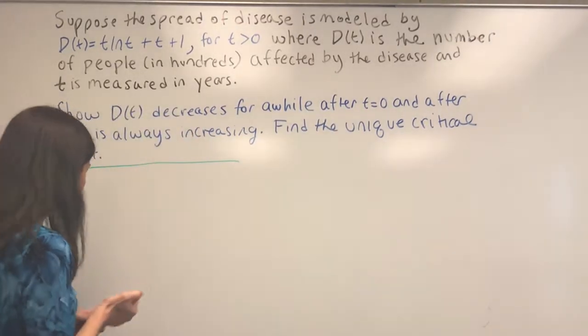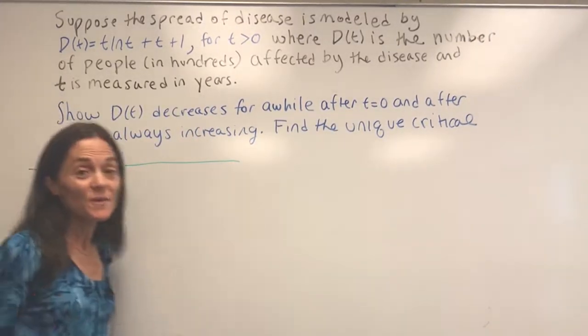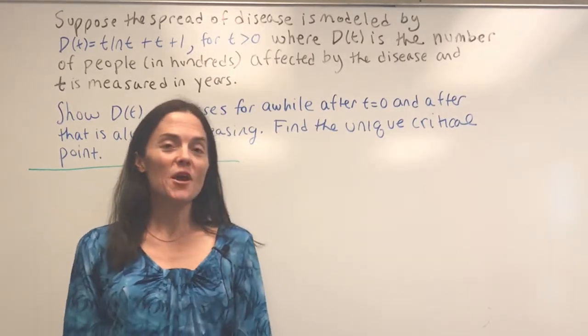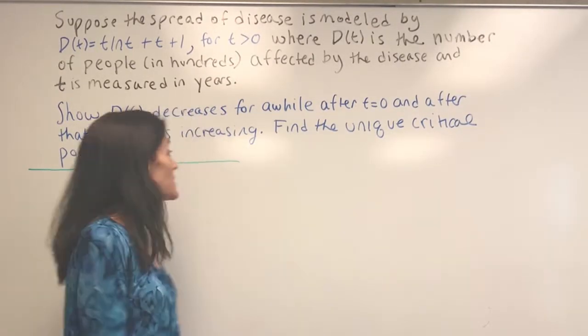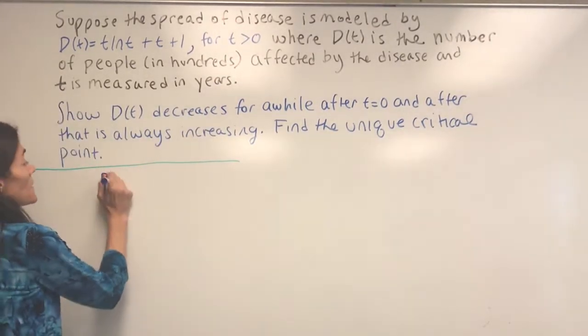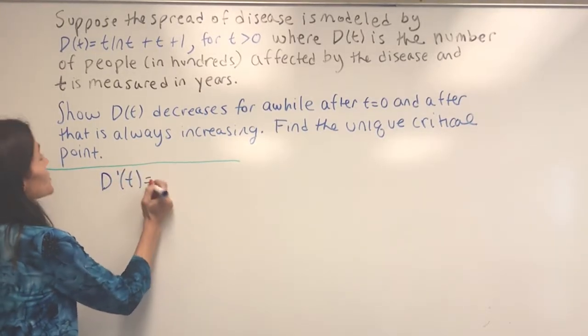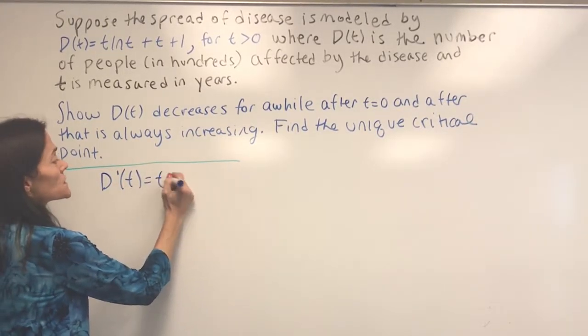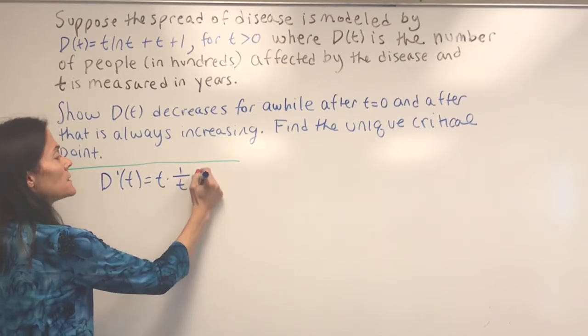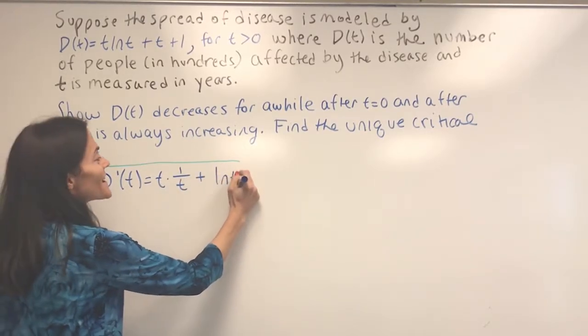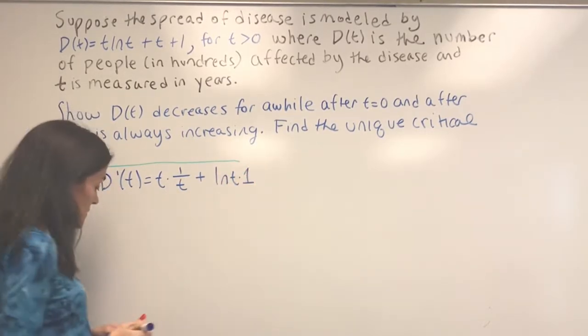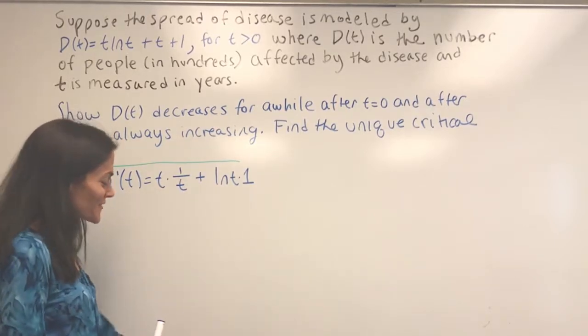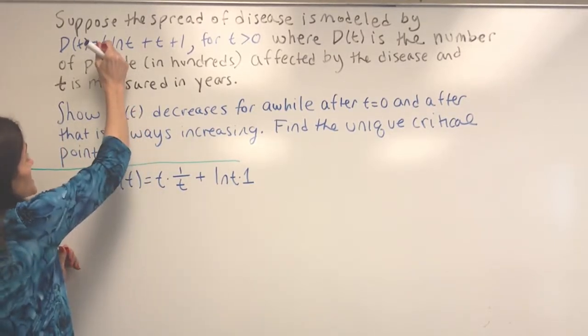Okay, so whenever we're doing increasing and decreasing, we know it involves the first derivative. So we would like to take the derivative to look for critical points. So this is first times derivative of the second plus second times derivative of the first. So far, what I have differentiated is just this term.